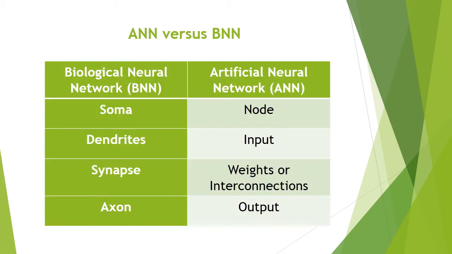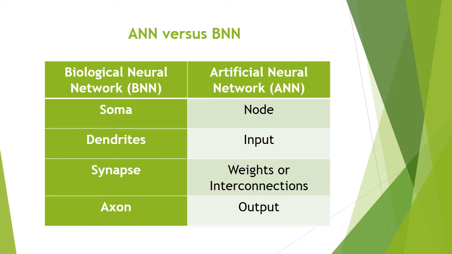Now to the table, as to how you can correlate an ANN with a BNN. In the biological neural network, the cell body corresponds to a node in an artificial neural network. The dendrites resemble inputs in an artificial neural network.